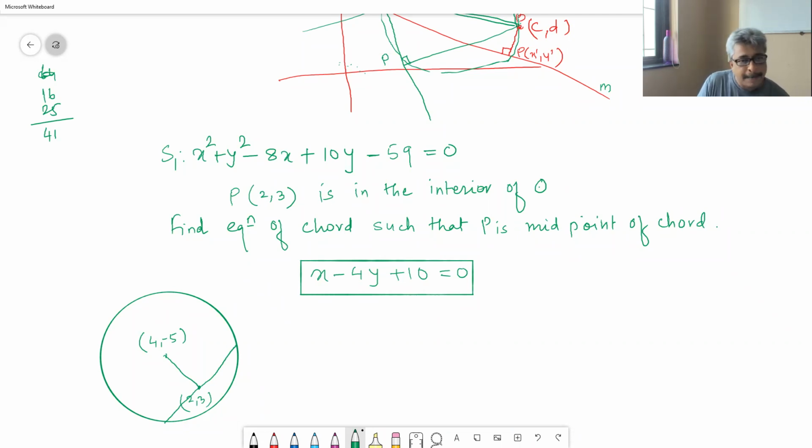Say for example, x square plus y square plus 2xy minus 4x plus 5y plus 7 is equal to 0.